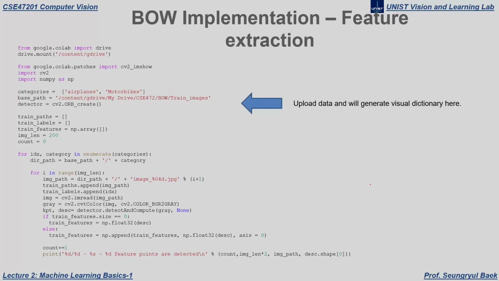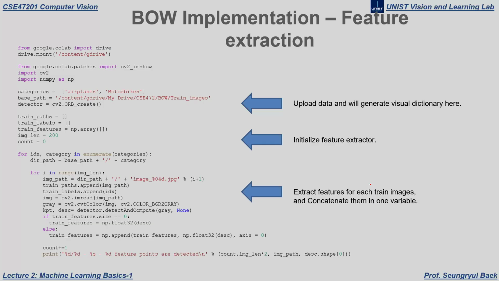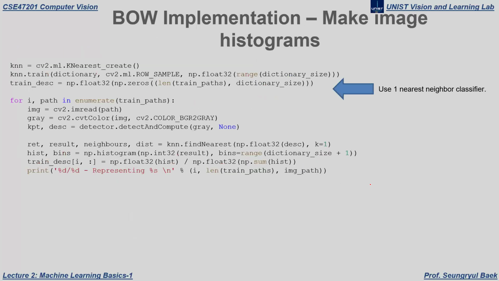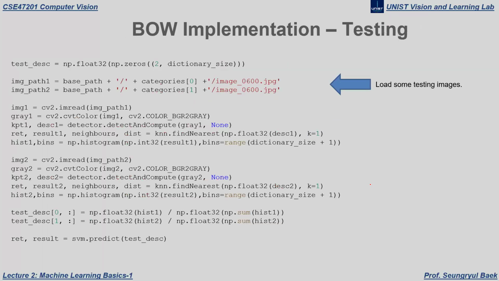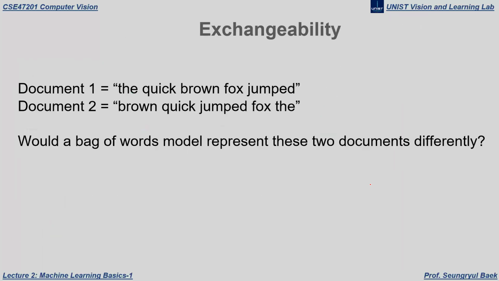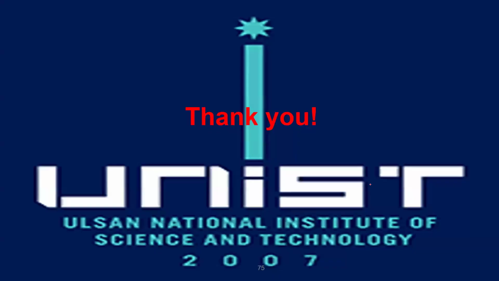But using OpenCV, everything becomes very easy. It only takes a few lines of code. So next class, we will learn about SVM. Thank you and see you this Wednesday.